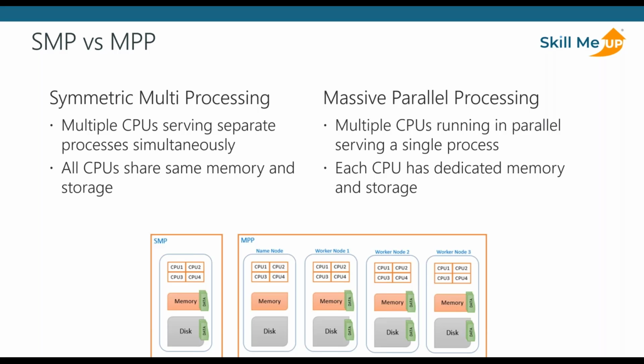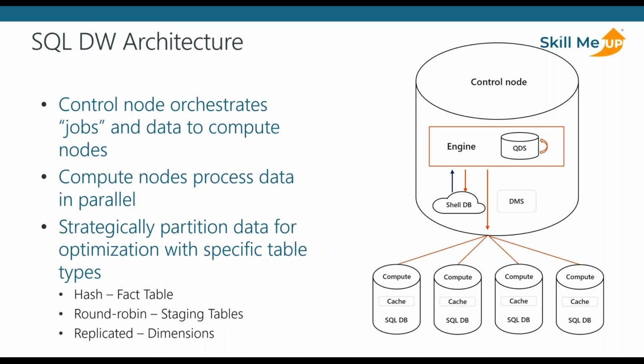And so, we've got these 4 worker nodes that are handling the load. And as we look at what the architecture looks like, essentially, you've got a control node that is your quarterback that's distributing the load across the compute nodes, right? And so you've got the control node doing all the orchestration, and telling each of the compute nodes what to do to be able to put that data together and mash it up and return our results.